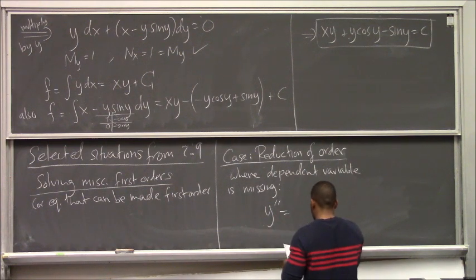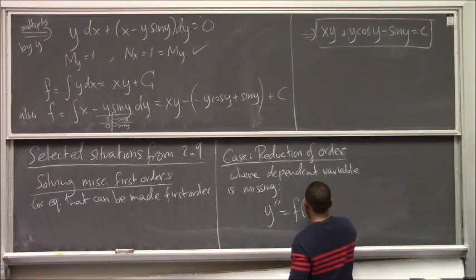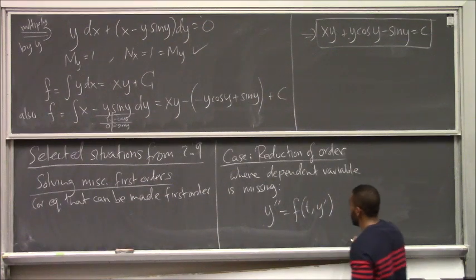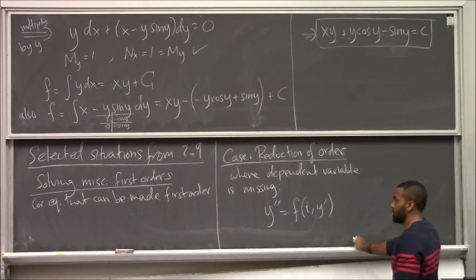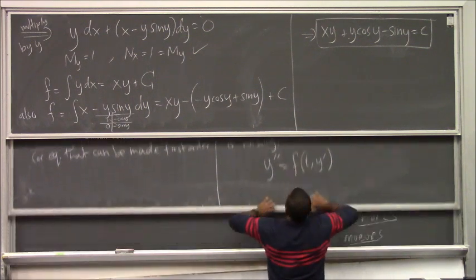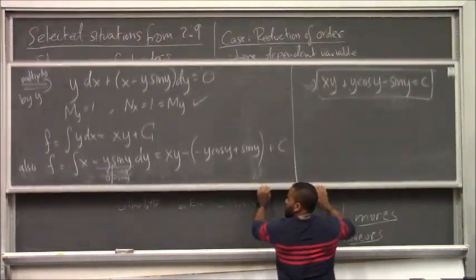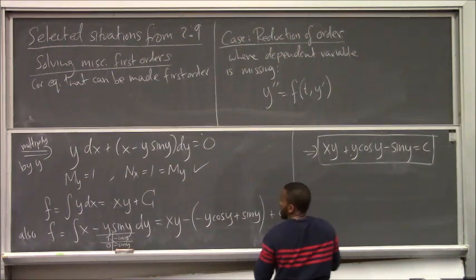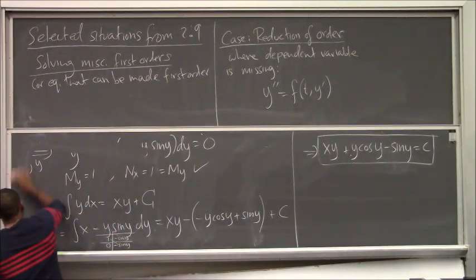It comes to you as a second order, but it's a function of t and y prime only. So you have no y's in the formula. And there's a very nice way to deal with that situation.